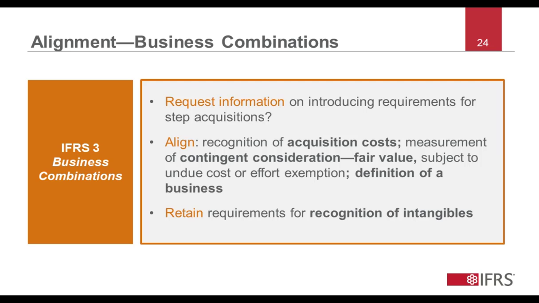And the board also felt that it could bring forward one of the amendments it issued to the standard as a result of the post-implementation review, the definition of a business. This amendment sought to address some application challenges, and the board felt quite strongly it would be useful. So on the alignment questions, the board felt it could align the cost of the acquisition without causing undue cost and effort, and that it could bring in some simplification.